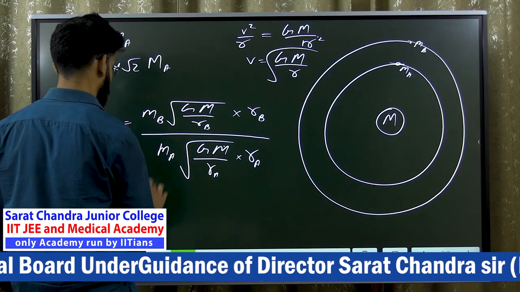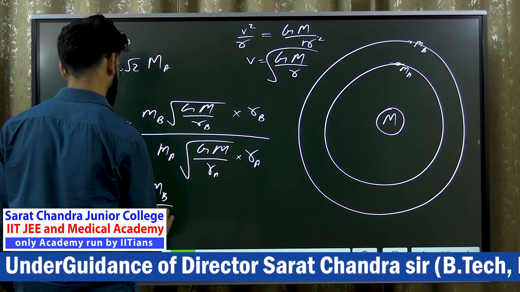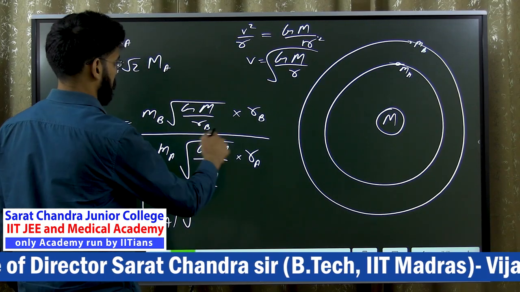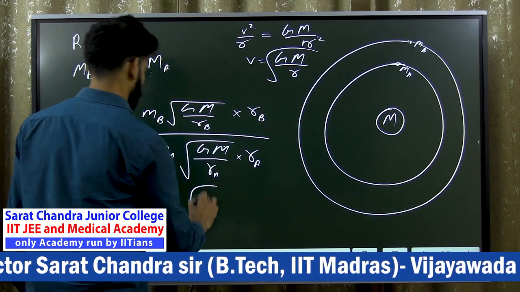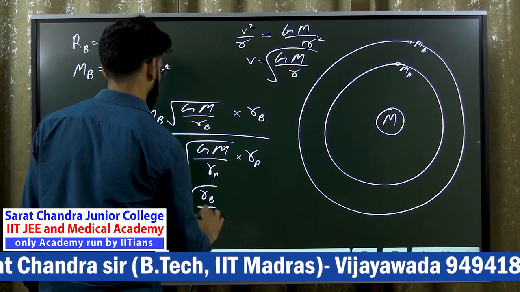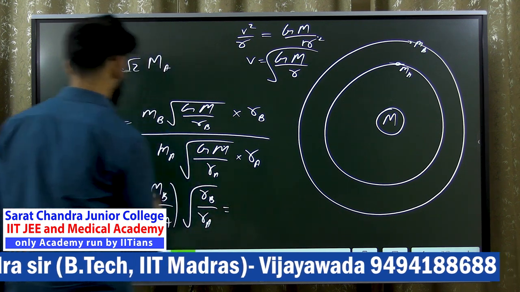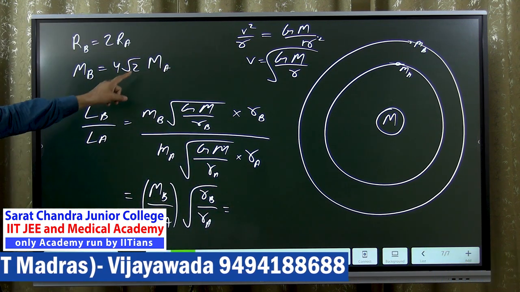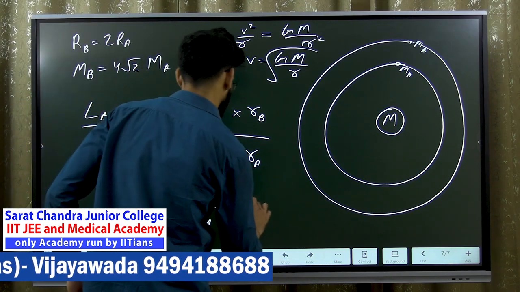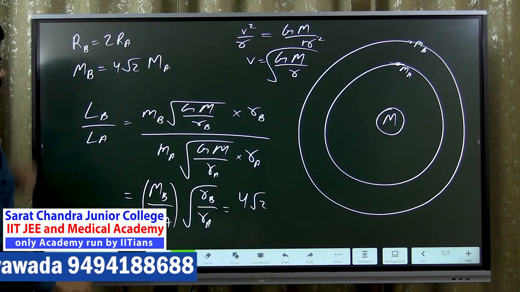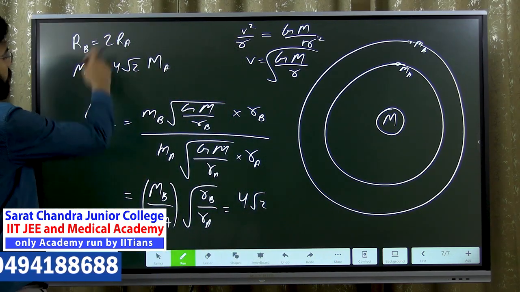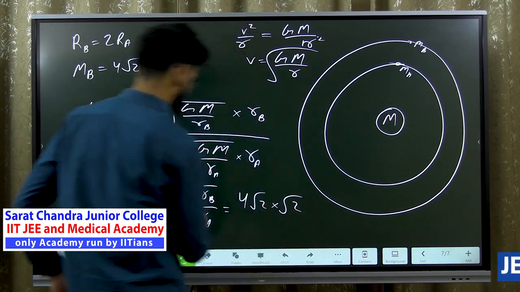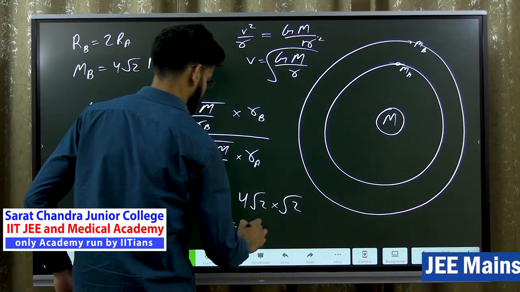So the MA and MB relation is what, MB by MA, and this will come under root of RB by RA. Okay. So MB by MA, 4 root 2 from this relation, RB by RA is 2, so under root 2, root 2 is here, right, so this will come 4 into 2, 8.